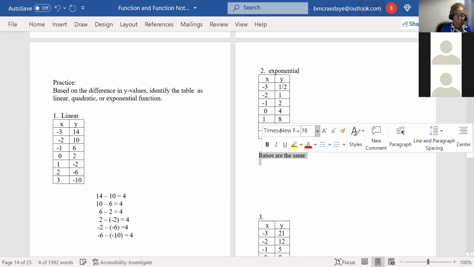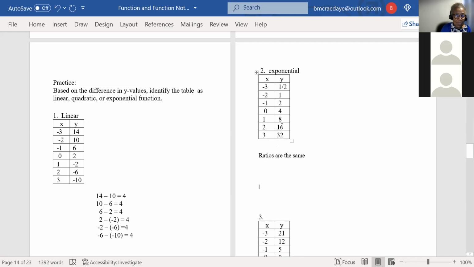Okay. And 32 over 16 is 2. 16 over 8 is 2. 8 over 4 is 2, right? 4 over 2 is 2. 2 over 1 is 2. 1 over 1/2, which is 1 over 2 times 2 over 1, which is 2.